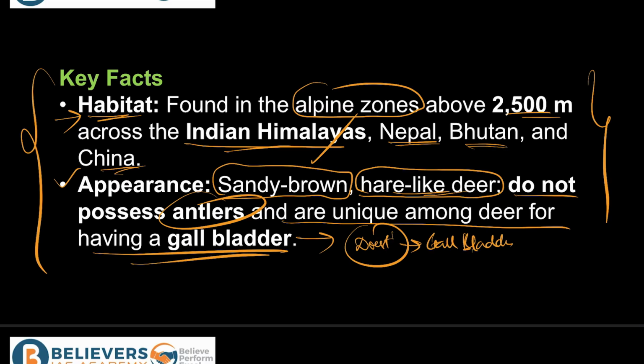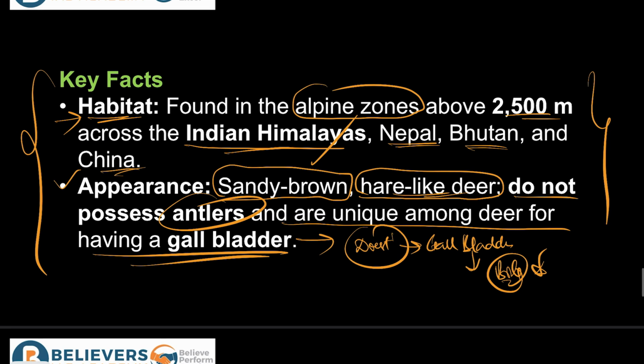What is the use of the gallbladder? Basically this is for the secretion of bile juice, which is very important for digestion, right? In fact all mammals, we humans too, have the gallbladder, which promotes digestion. This is a digestive juice.